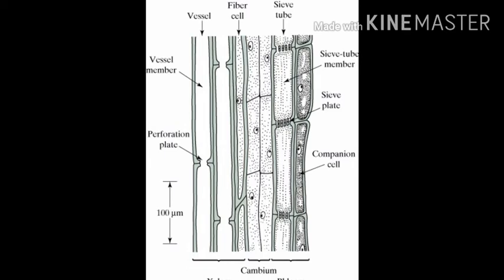The distances between the plant's parts are often quite large, so most plants need a proper transport system to carry materials from one part of the plant to another.